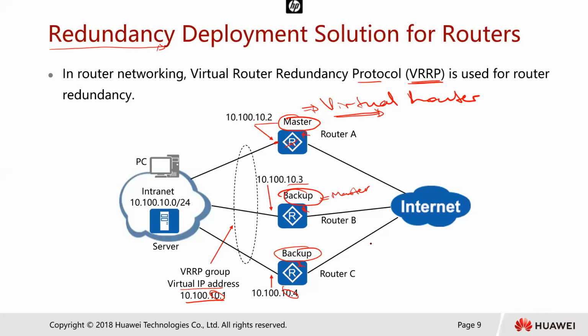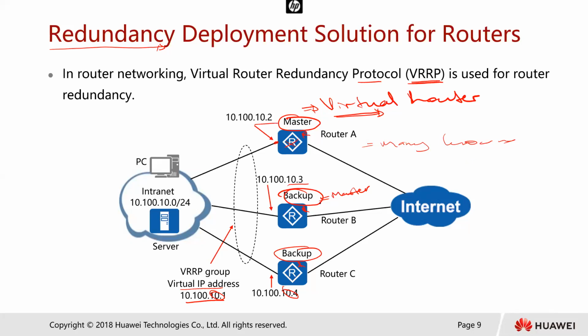They're backup. The master router periodically sends hello packets to the backup routers in multicast mode, because you have configured a group and they know. Multicast means to all the known hosts. So it sends them in multicast mode, and the backup routers determine the status of the master router based on the hello packet.